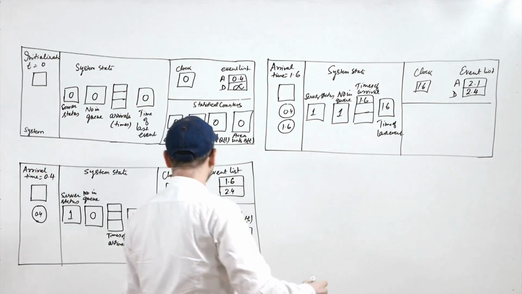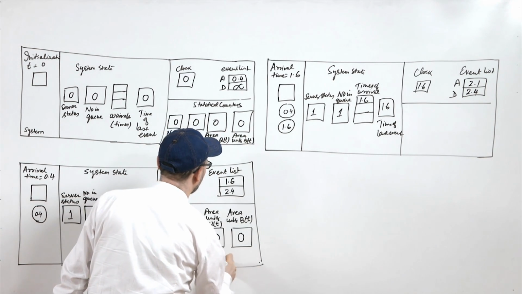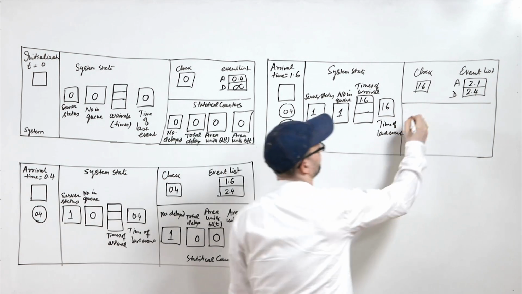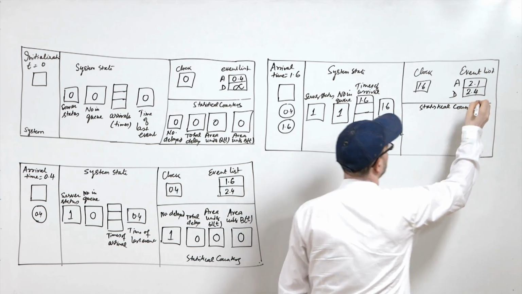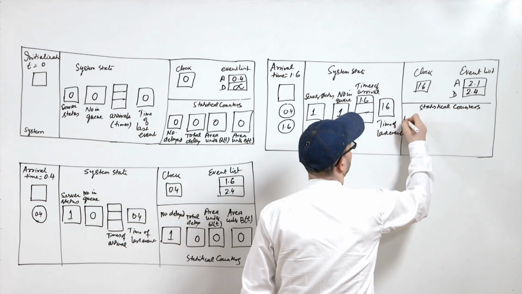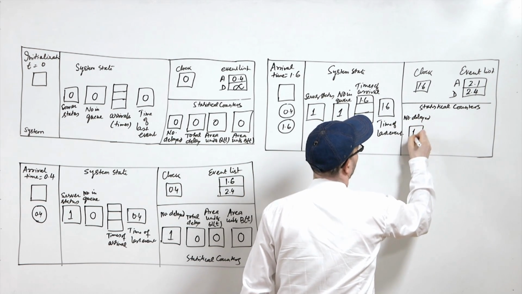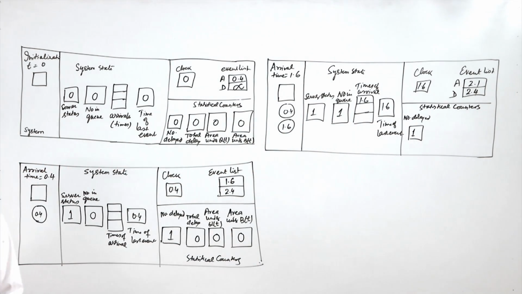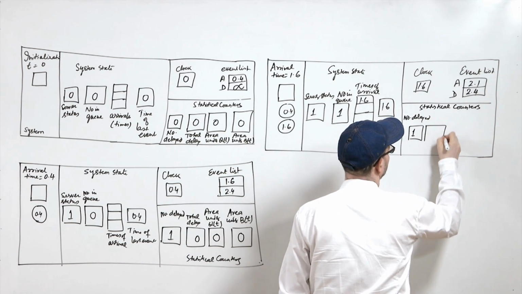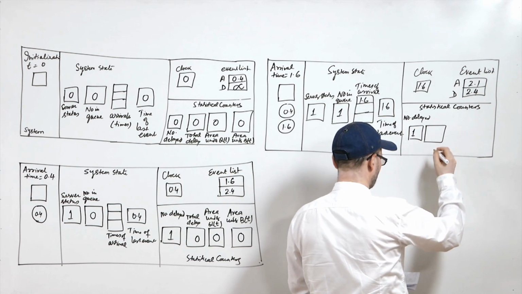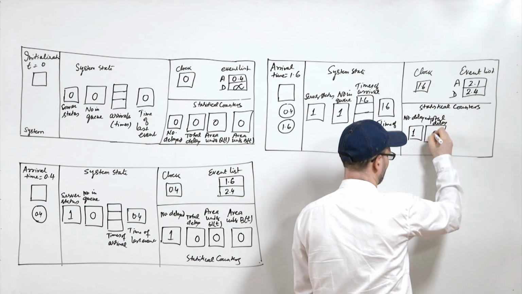Now, we will update the statistical counters. In the statistical counters, you have number delayed. Number delayed is still 1, there is no second customer who has come into the queue. Second is total delay. Total delay is still 0.